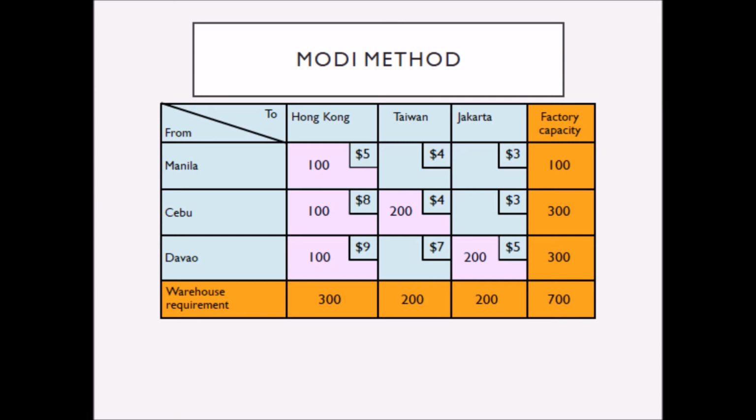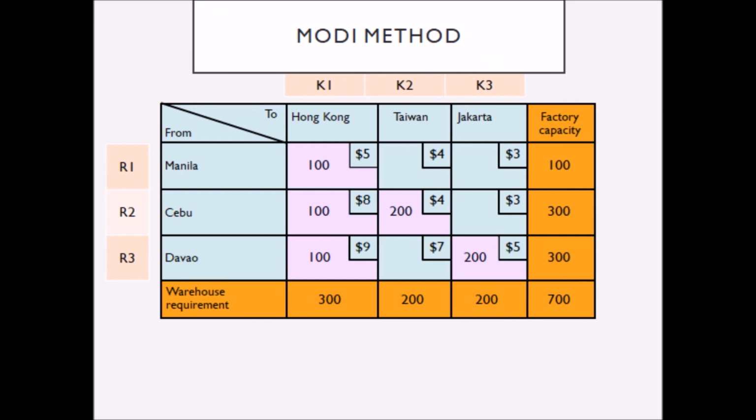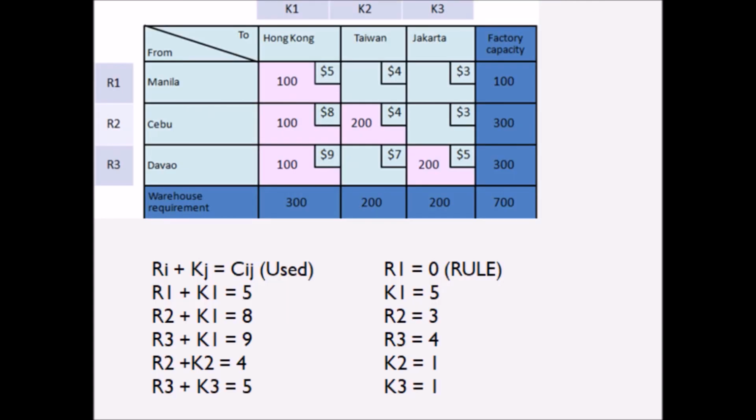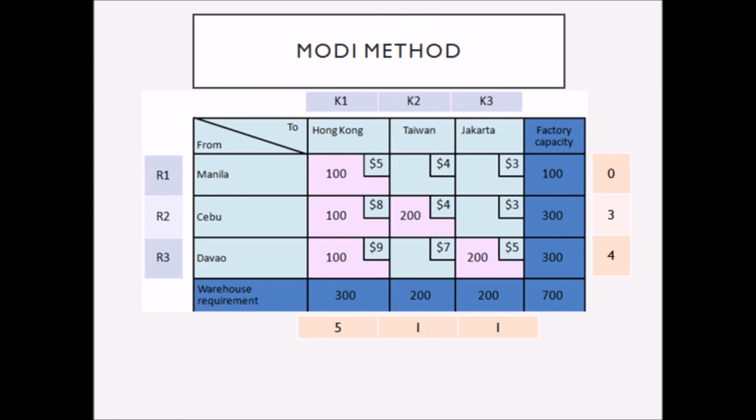And now we have this new table, and we repeat the process with the equations on the used cells only, compute for each variable, apply them on the table, compute your opportunity costs, and check if there's any negative opportunity cost.